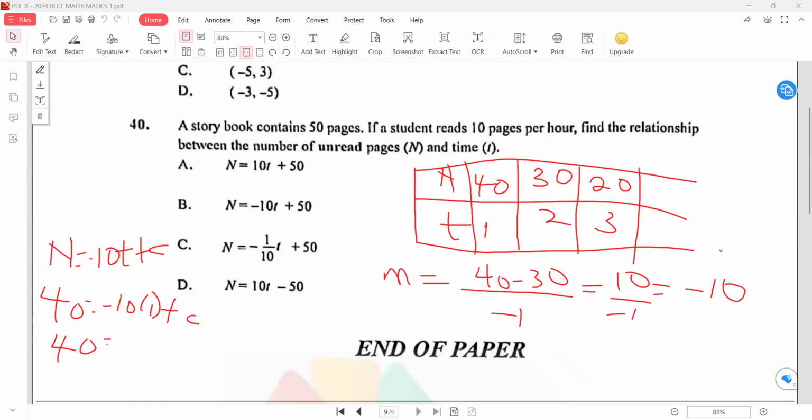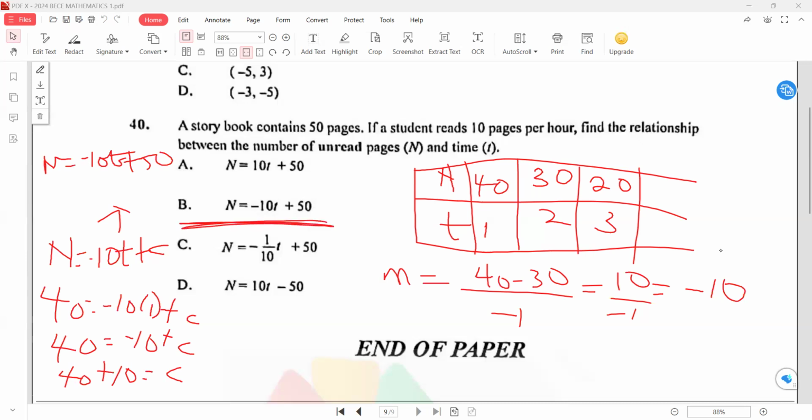So 40 should be 10 plus c. So 40 plus 10 should be c. So c is 50. So our n should be 10t plus 50, which is the answer. That ends our section A question.